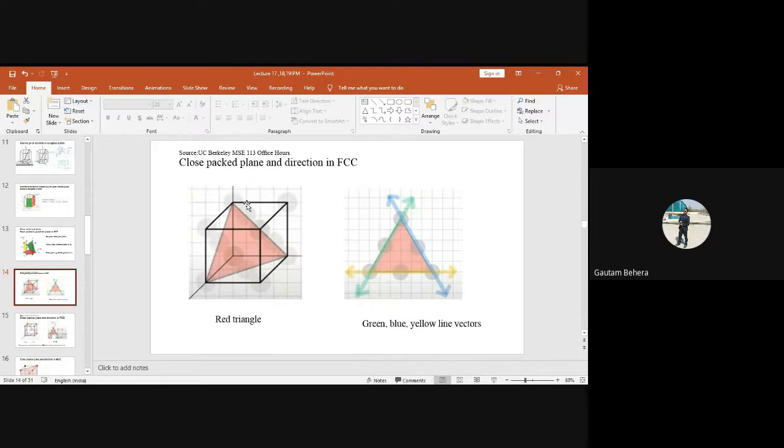If I move from here to here first, then finally I'll reach over here. I will not move in the x direction, I will make it 0. I will move in the positive y direction. So this will be 0, 1, and minus 1. It will be okay? Yes, sir. Okay, very good.